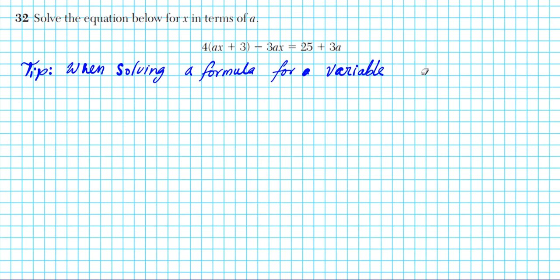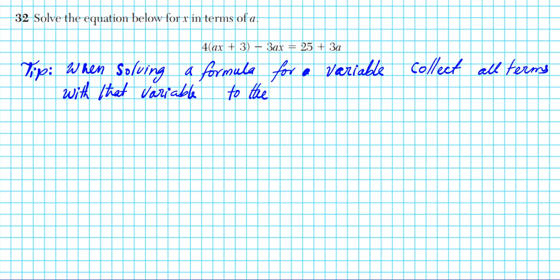When you're solving a formula for a variable, collect all terms with that variable to the same side. That makes it easy to get that variable isolated. When you have all of them together, you can either factor or do what you have to do to get that variable isolated.